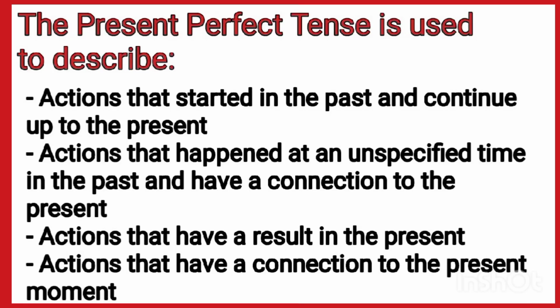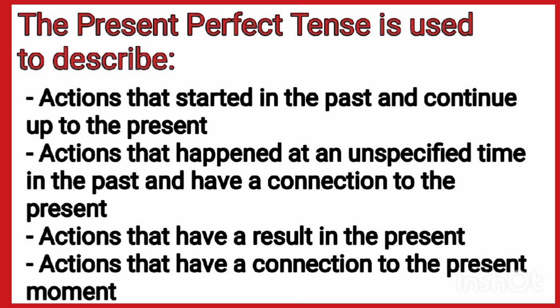The present perfect tense is used to describe actions that started in the past and continue up to the present. Next, we have actions that happened at an unspecified time in the past and have a connection to the present.